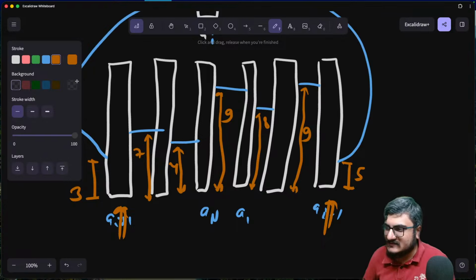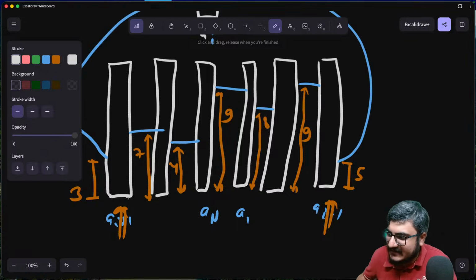Now what we can greedily try to do is look at the two wells that are connected to the ith well. On this side you have a pipe at height 3, and on this side you have a pipe of height 5.